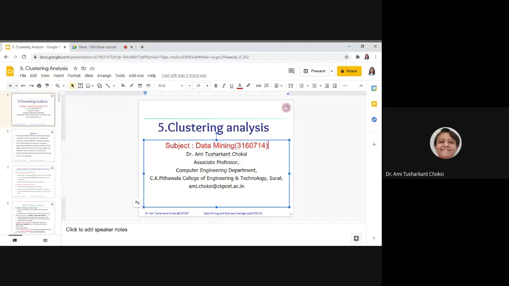We are learning our subject Data Mining 3160714. And in that, we are learning module 5, that is cluster analysis.